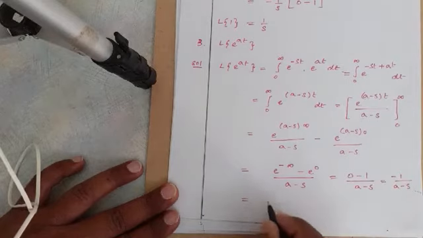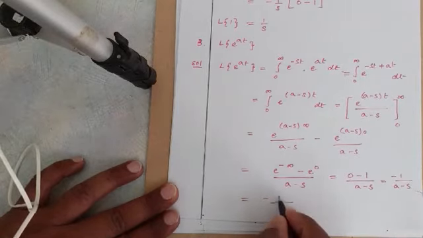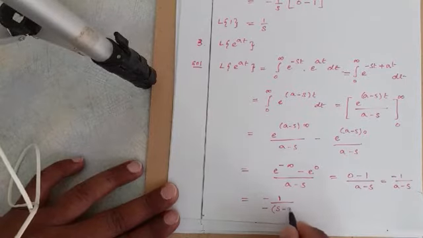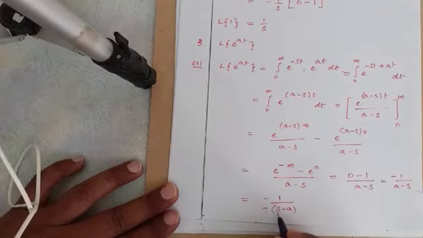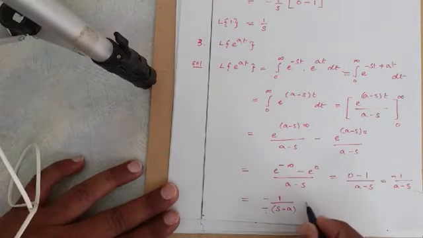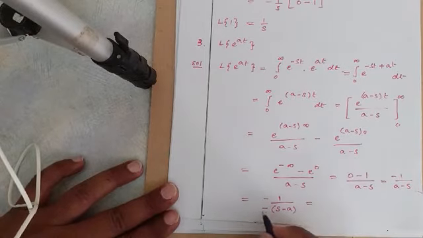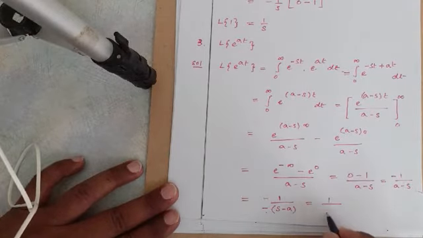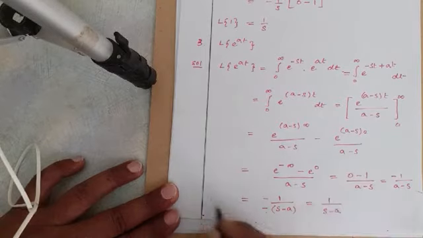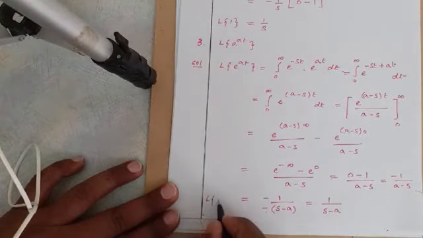So now when you take minus common in the denominator, you can write s minus a, minus into s is minus s, minus of minus plus into a. So this is equal to, now you cancel the minus, so that it becomes 1 upon s minus a. So this is nothing but Laplace of e power at.